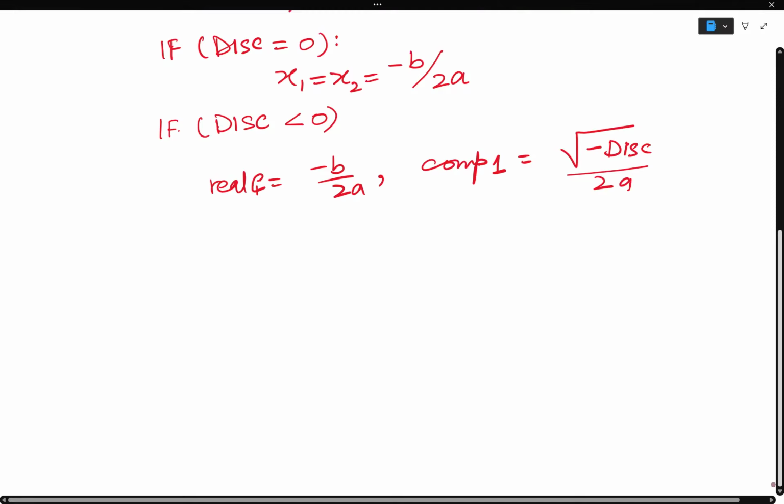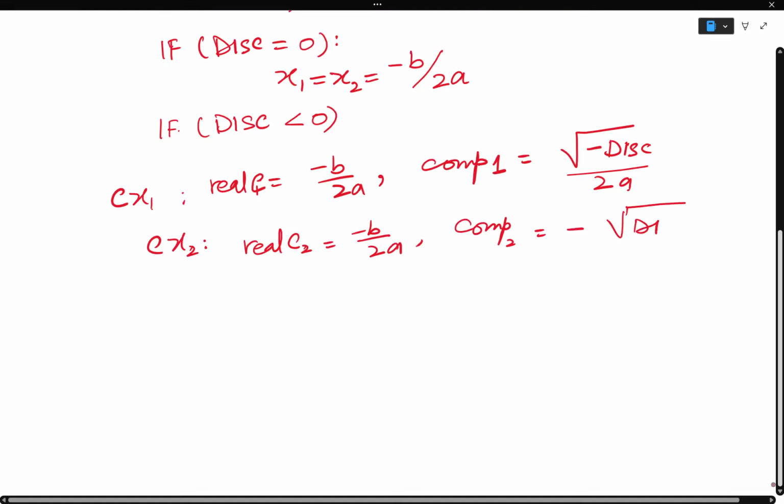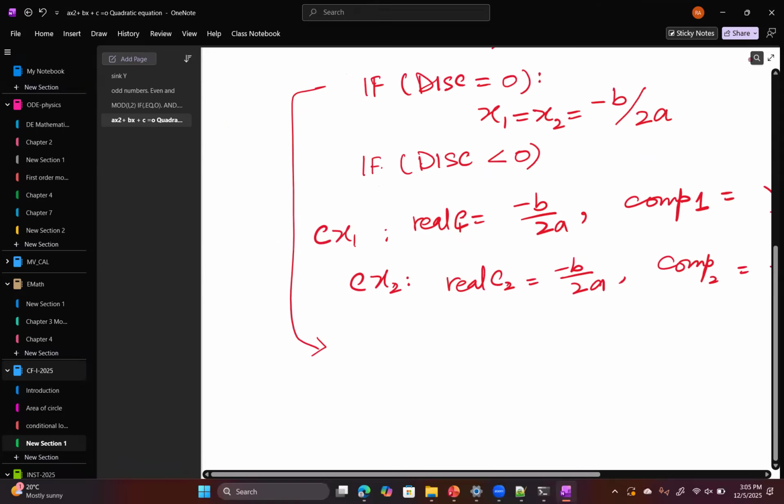And for the second root, the complex number cx2 will have the real part as again minus b by 2a, and the complex part will be the negative of this number, which is calculated as minus the square root of minus the discriminant over 2a, right? So this needs to be programmed. Let's write that one in the flow chart structure.